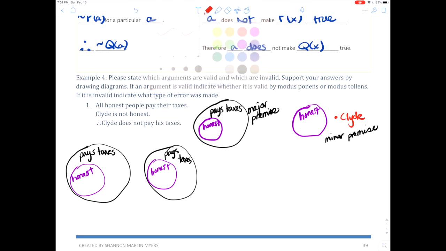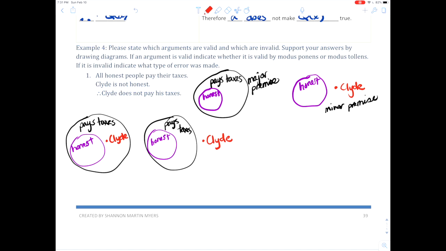And all we know for sure is that Clyde is not honest. So Clyde could be not honest but pays his taxes, or Clyde could be not honest and not pay his taxes, right? So again, you have two situations that could happen.